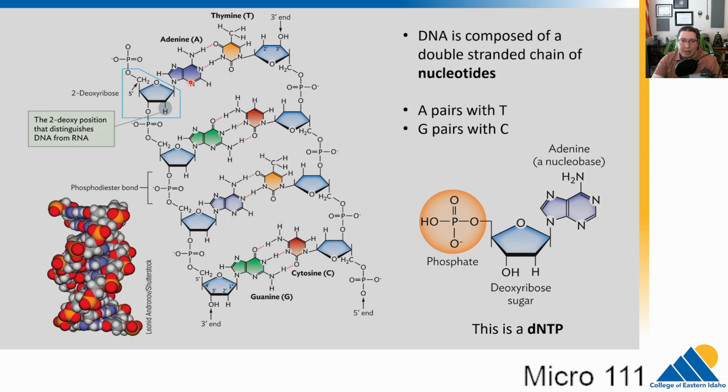So A, and then this is a G here, and there's a C over here. In DNA, A bases always pair with T on the other side, and G always pairs with C. So that's really convenient because if you know one side, you automatically know what the other side will be.